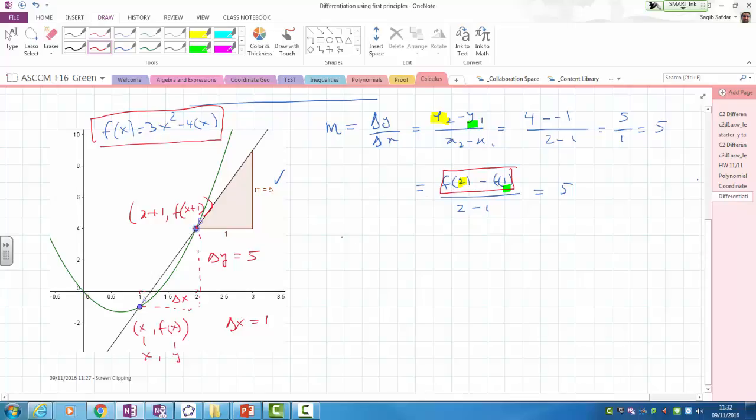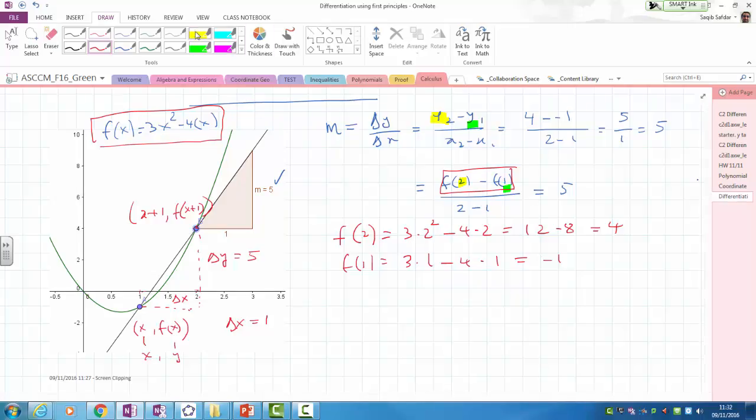If you put 2 inside, maybe I should just do this very quickly. f of 2 is basically saying 3 times 2 squared, take away 4 times 2. 2 squared is 4, 4 times 3 is 12, take away 8, which gives me 4. f of 1 is simply 3 times 1, take away 4 times 1, which is minus 1, and therefore I'll get the 4 and minus 1. So all I'm doing is substituting x values inside f(x) to generate my y values. In this case, my x value is x, but in point B, my x value is x plus 1.